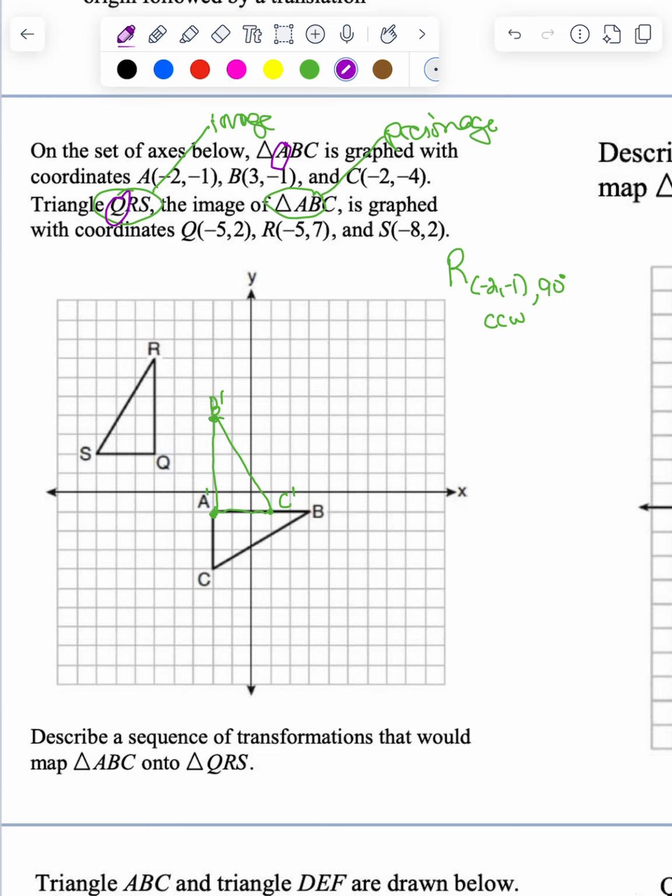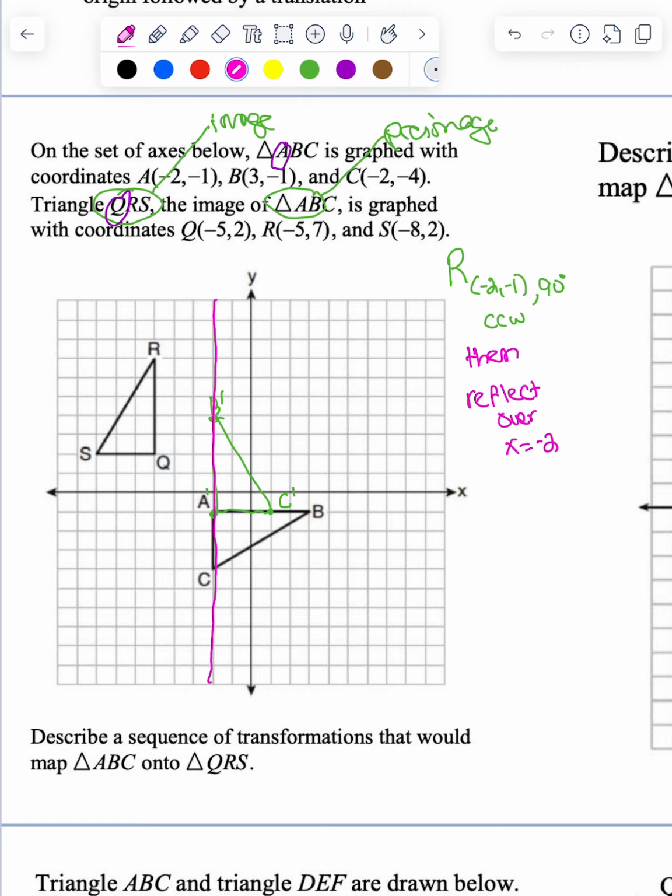So I'm going to reflect. And I'm going to reflect over this line over here. And that is the line x equals -2. So I'm going to write that here. Then reflect over x equals -2.